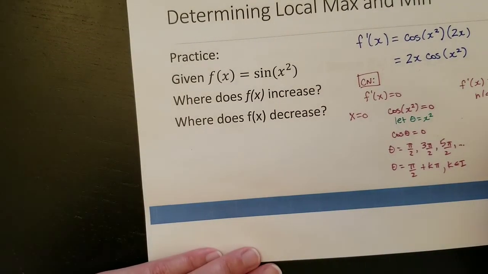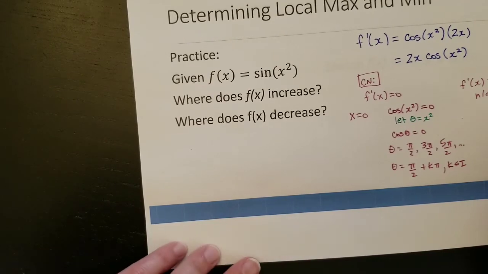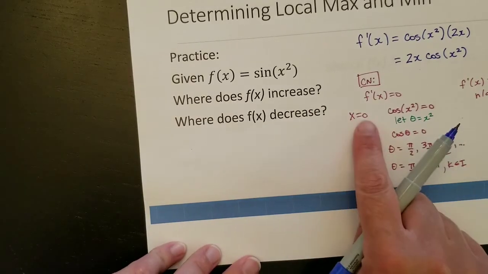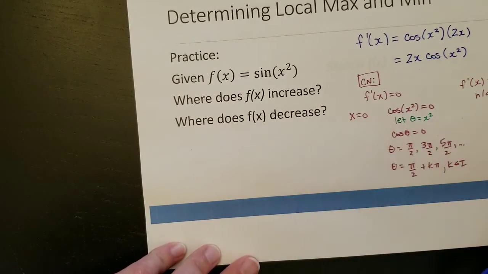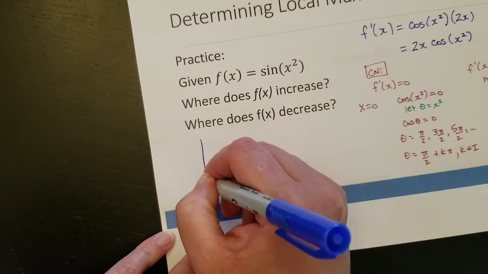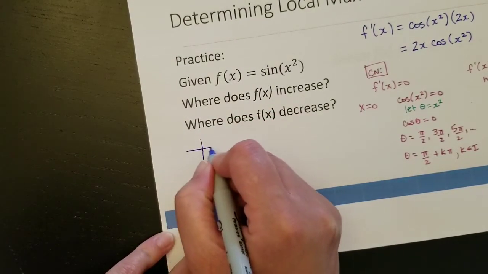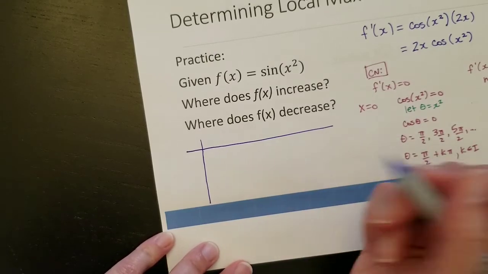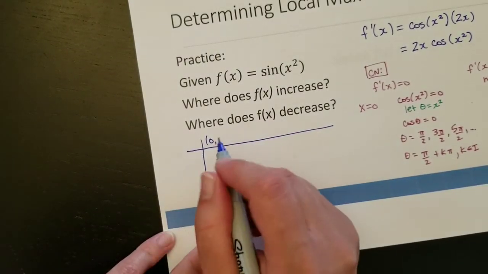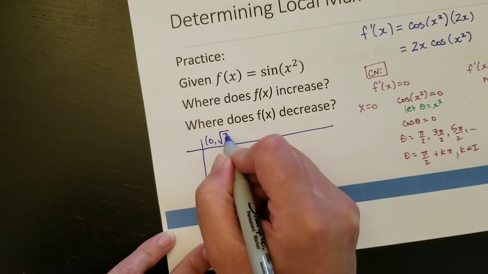We'll set up a table and look at the critical numbers 0 and then all of these ones. Of course, without any end bound on this, we're going to have a really long table, but we won't keep going forever.